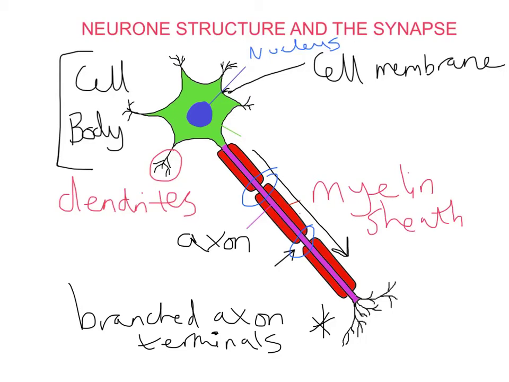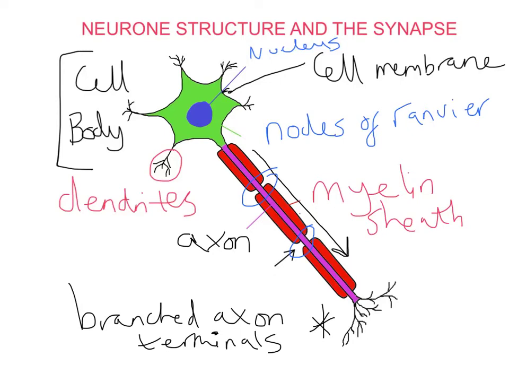In fact, they are called the nodes of Ranvier. Now, you don't often hear of those, but those nodes actually help the impulse. It speeds the impulse up, essentially. It allows it to sort of jump from gap to gap. Now, we're not going to go into the details of that in this, but it's just to explain where those gaps come from.